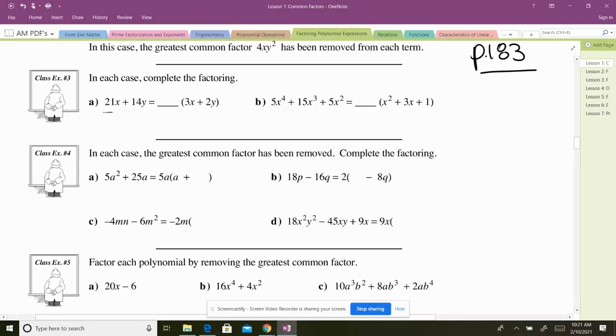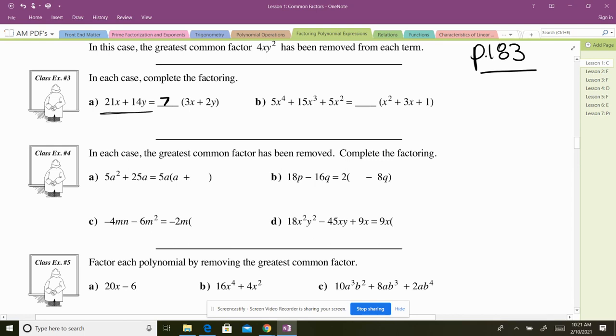if I have this polynomial here, 21x plus 14y. Between 21 and 14, what is the largest or the greatest common factor? 7. 7 goes outside the brackets, okay? What remains in the brackets is what you get when you divide each of these numbers by 7.